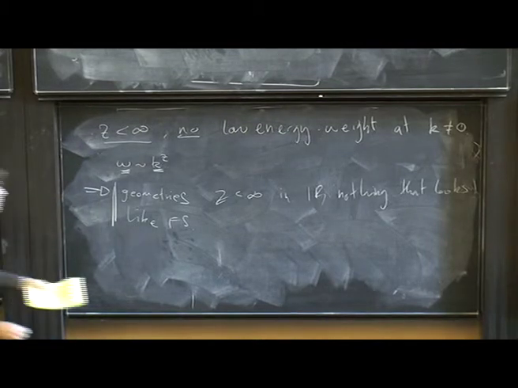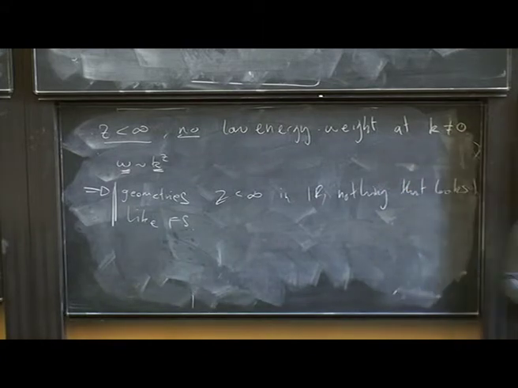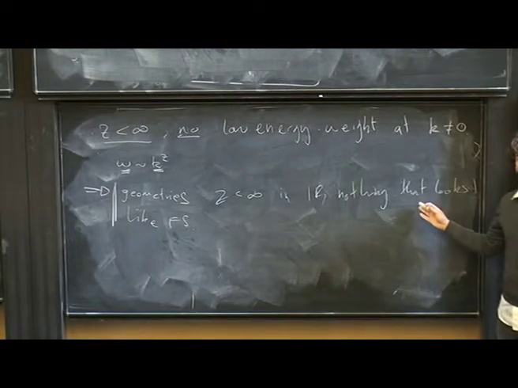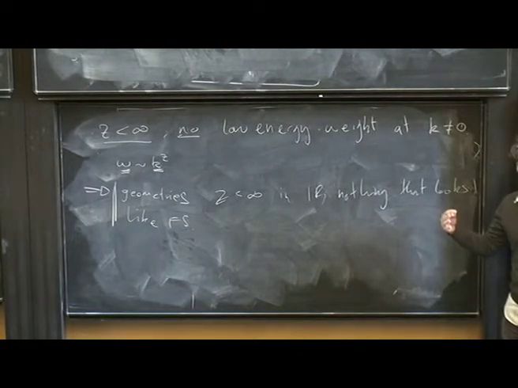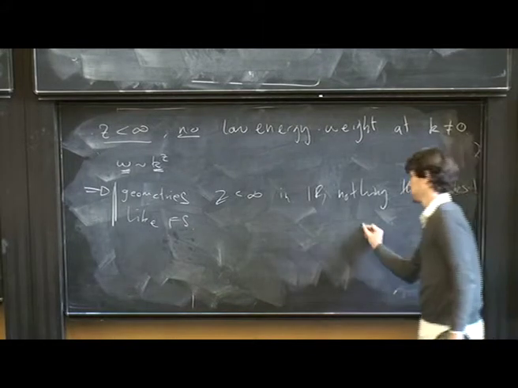Now, Sean, in all of this, you're implicitly assuming that z is greater than 1. No, so all states of matter that are fermions are constructed perturbatively, so have a Fermi surface.